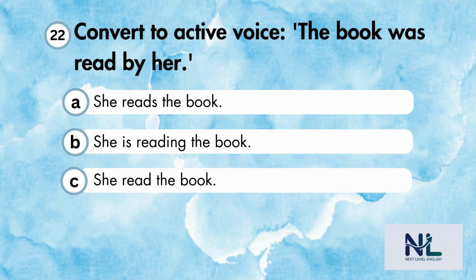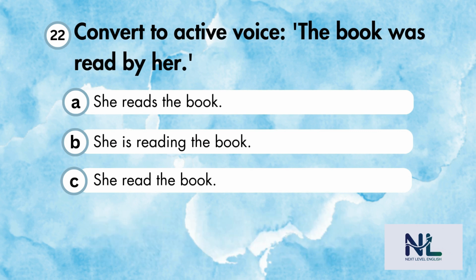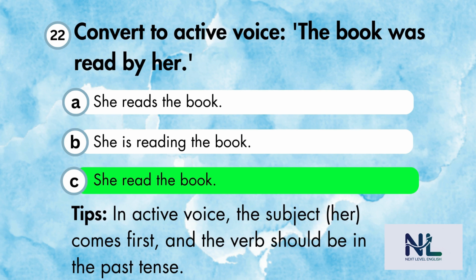Convert to active voice. The book was read by her. She read the book. Tips: in active voice, the subject, her, comes first, and the verb should be in the past tense.